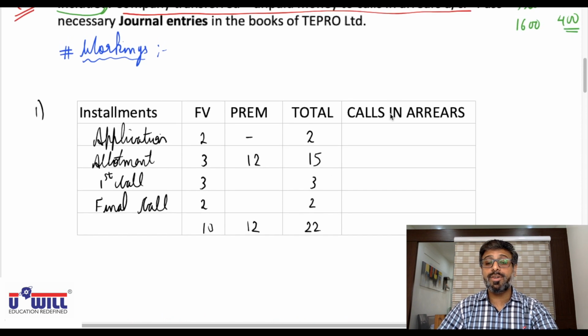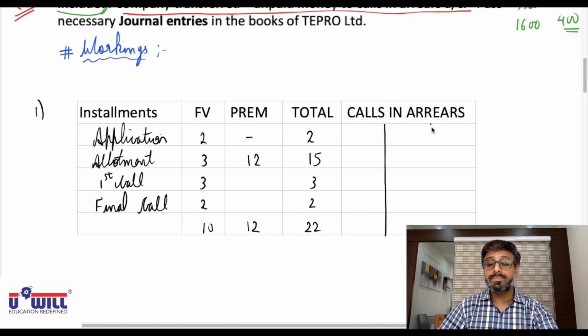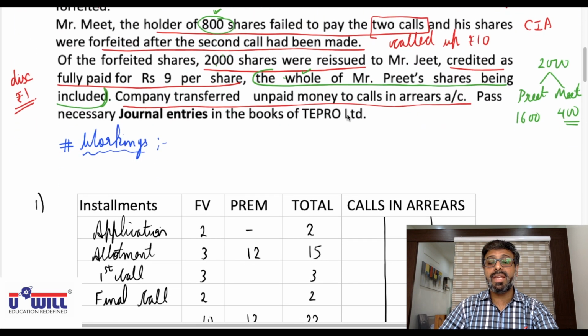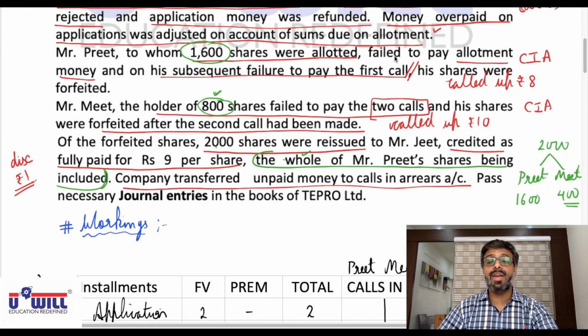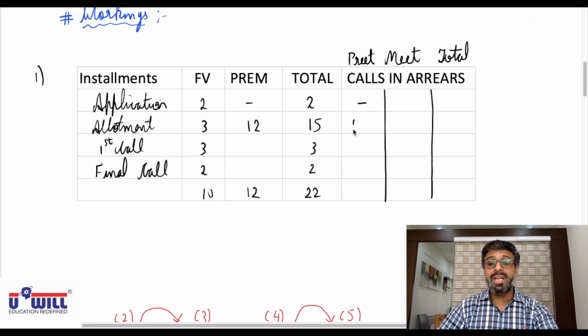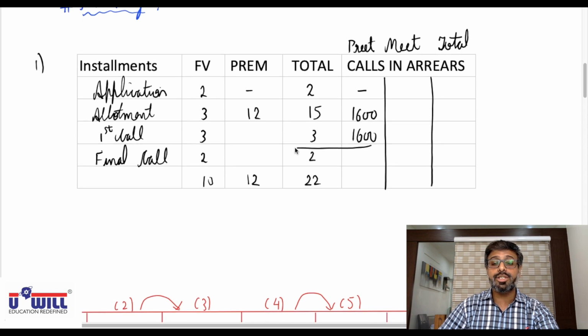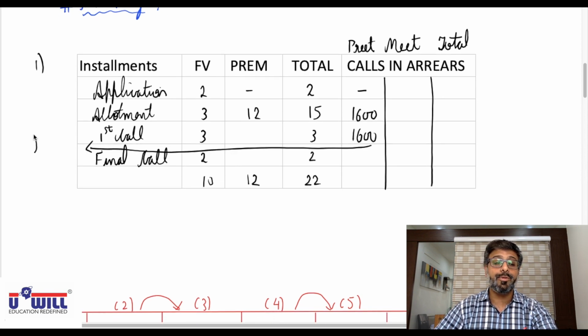Now calls in arrears, we have 2 people. Okay, one is Preet, the other is Meet, and then total. Preet 1600 shares failed to pay allotment, and on his subsequent failure to pay first call, his shares are forfeited. So Preet has not paid allotment on 1600 shares, first call on 1600 shares, and then the shares are forfeited after first call.